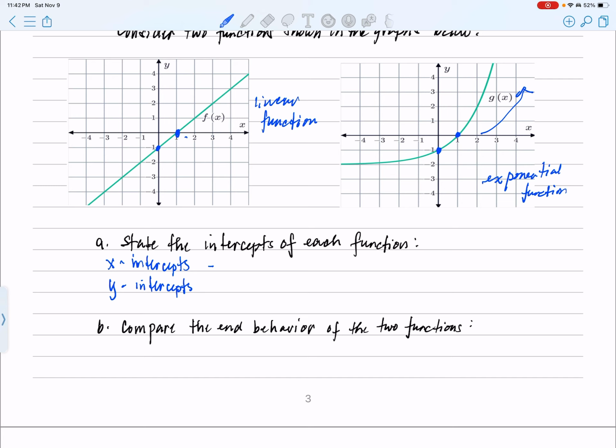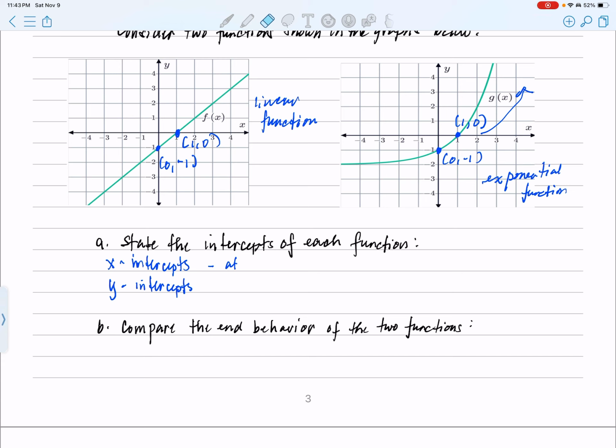And the y-intercept is at 0, negative 1. Same thing here, the y-intercept is at 0, negative 1, and the x-intercept is at 1, 0. So that means the x-intercept is at 1, 0. I always miss out this one.